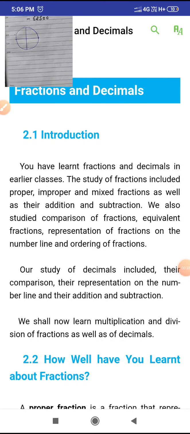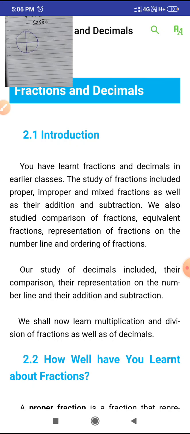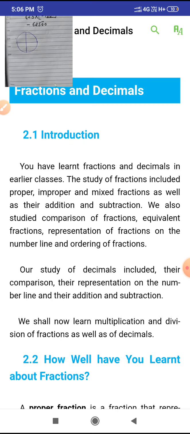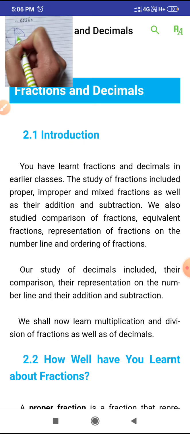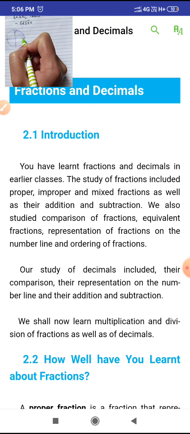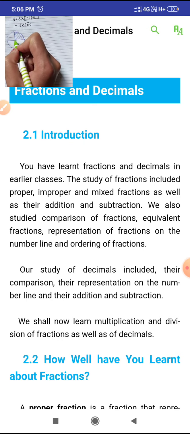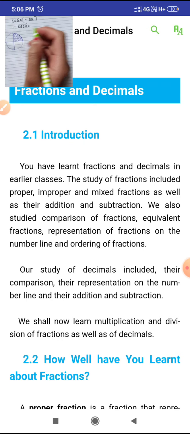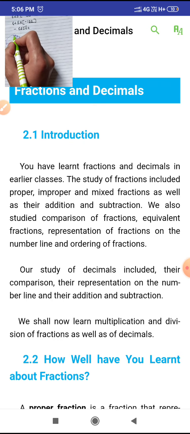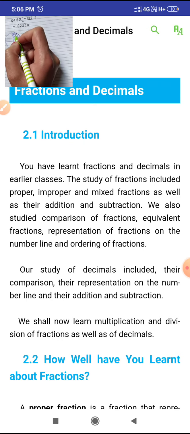Suppose you have a circle and you divide this circle into 4 equal parts, and then you shade one of its parts. So this shaded part is a small portion of the whole circle. So we can write this shaded portion in the form of a fraction. Now how can we write this shaded portion in the form of a fraction?